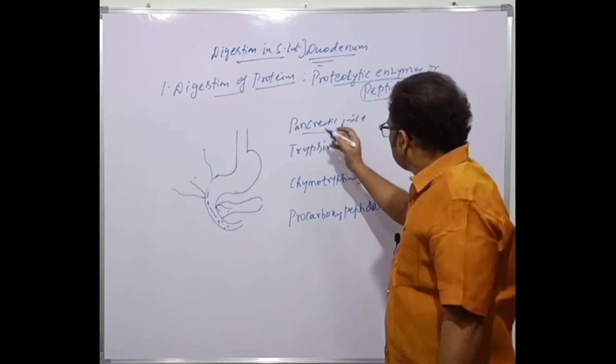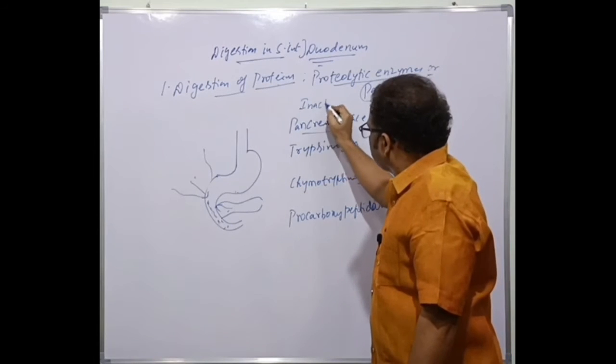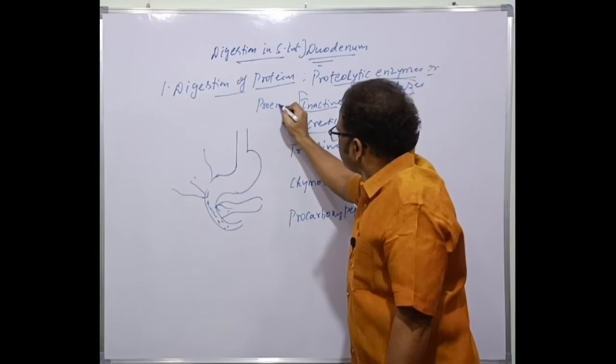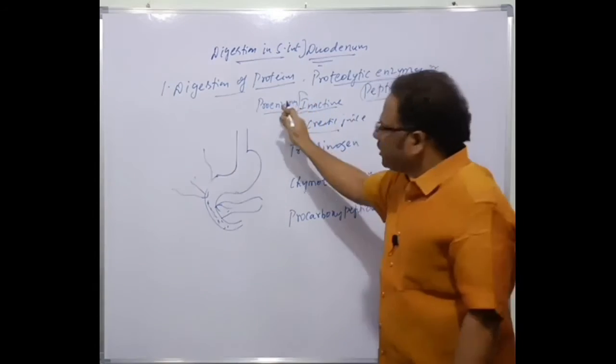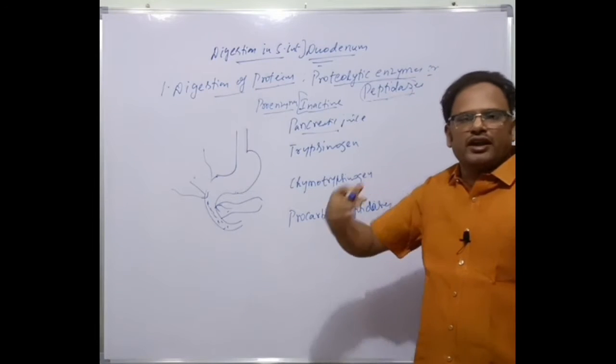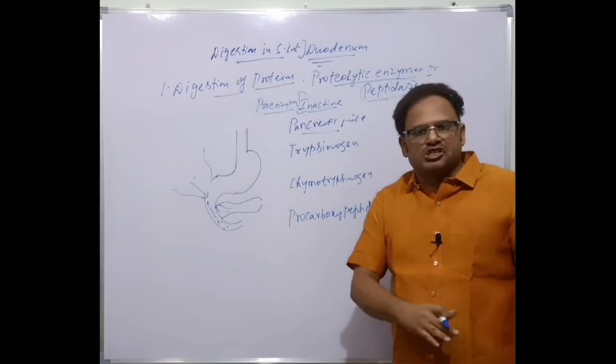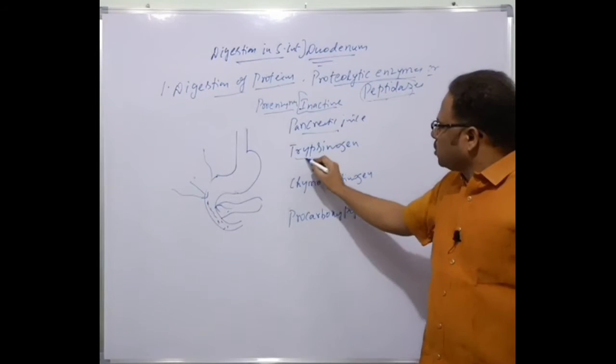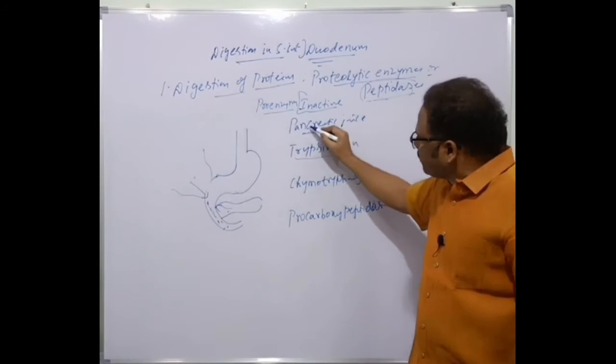So these are the inactive enzymes, called proenzymes. They must be activated. Only then is the enzymatic action sufficient and efficient. Otherwise, no action. Clear? So trypsinogen and the others are released by the pancreatic juice.